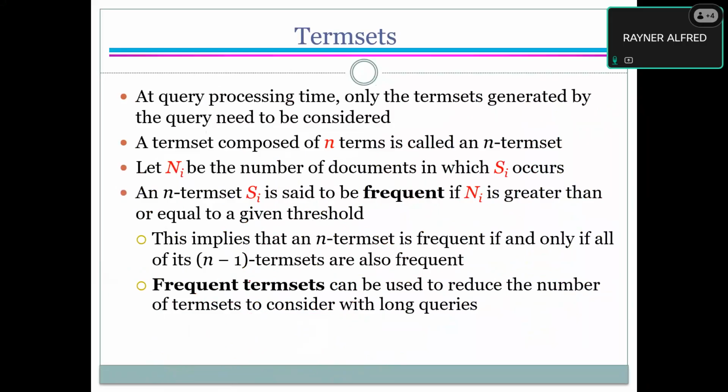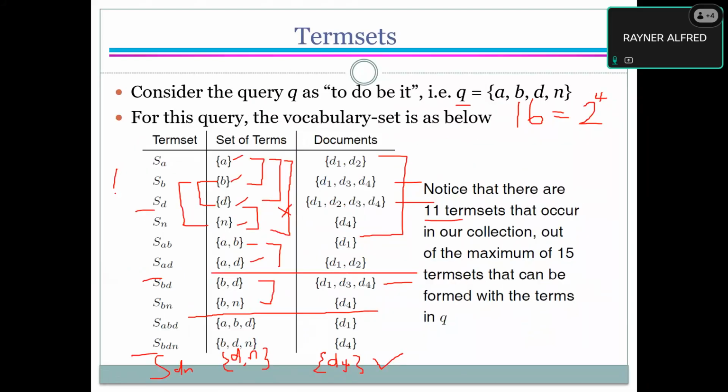So when we try to look at the term set, normally we will look at the n term here. So in here we start with 1 first, and then we start with 2, and then we set 3. Okay, so we always start with one term set and then followed by two term set and then followed by three term set.